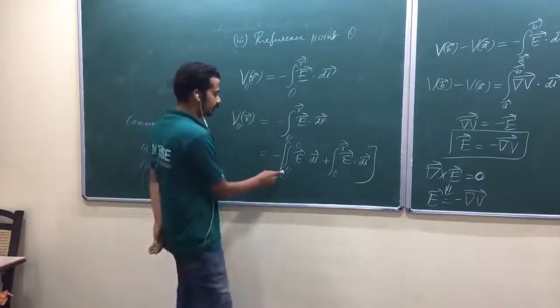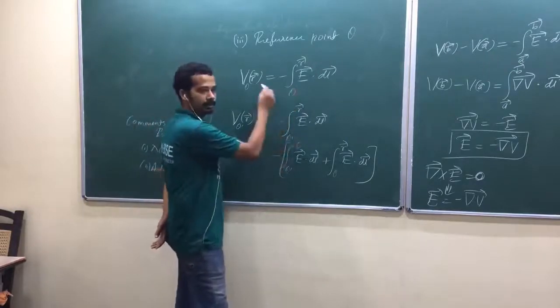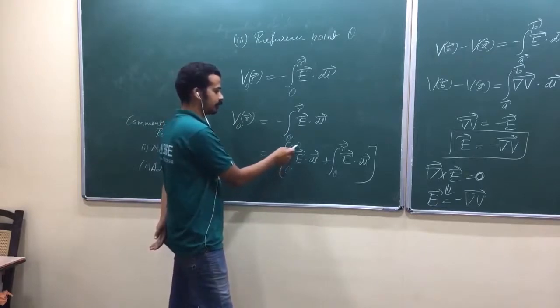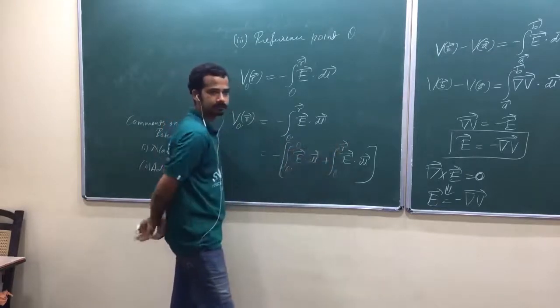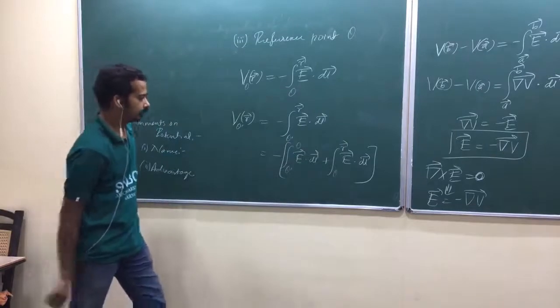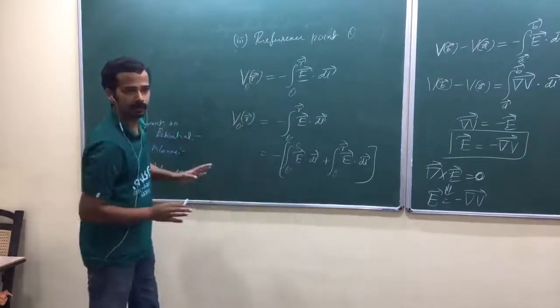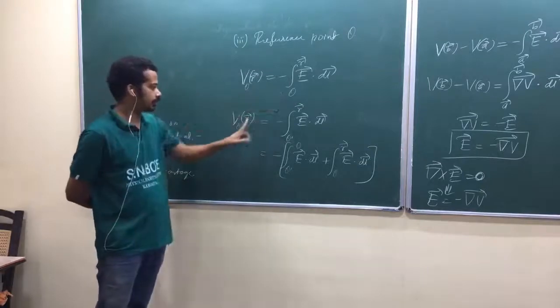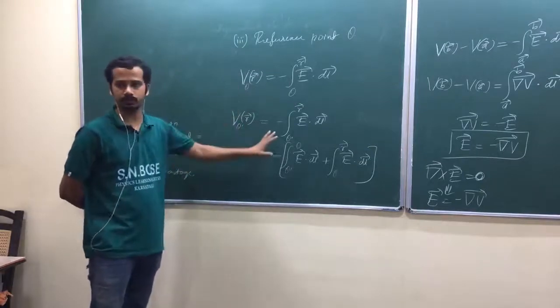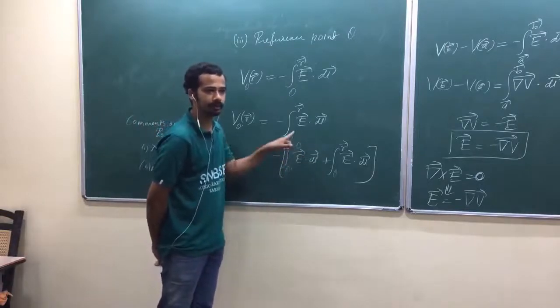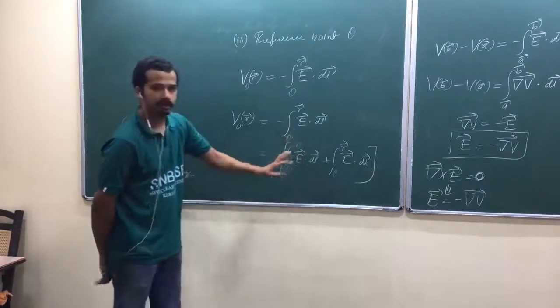That's why I'm going from O prime to O. This is my reference point, this is your reference point. From your reference point, come to my reference point, then go to R. Now look here: this is a constant because we are fixing our two reference points. The line integral from O prime to O depends only on the end points, so it's a constant.